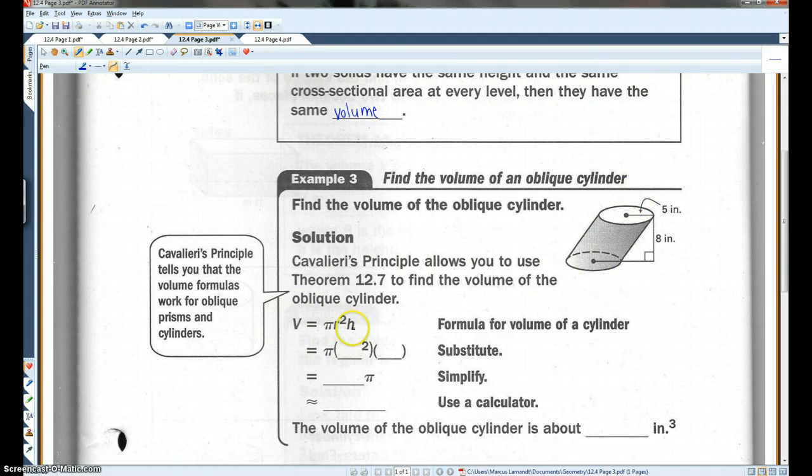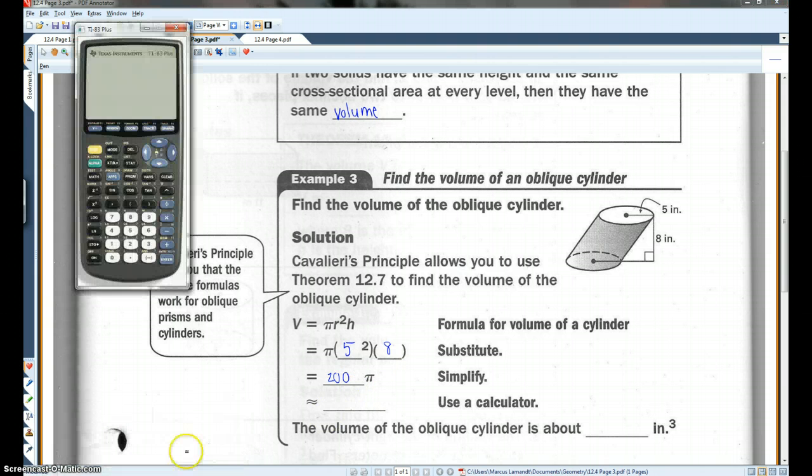Volume is pi r squared times h. R is 5. That's the radius over here, and the height is 8. 5 squared is 25. 25 times 8 is 200. So we have 200 pi. Let me get my calculator again.